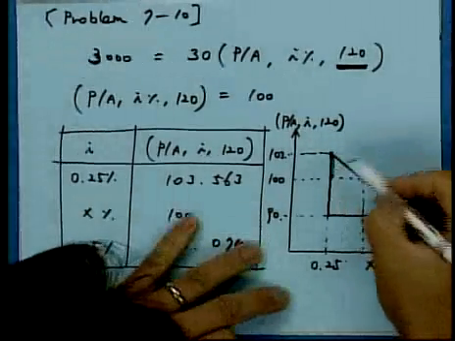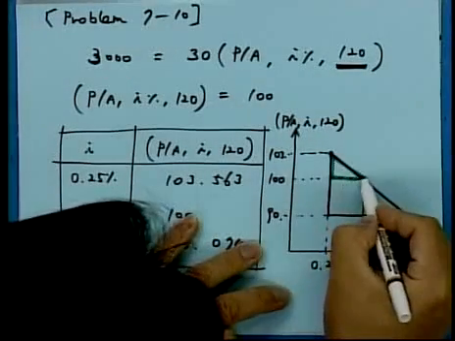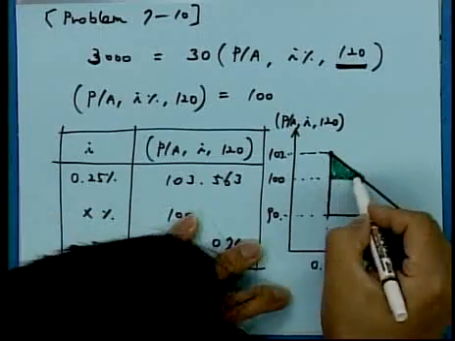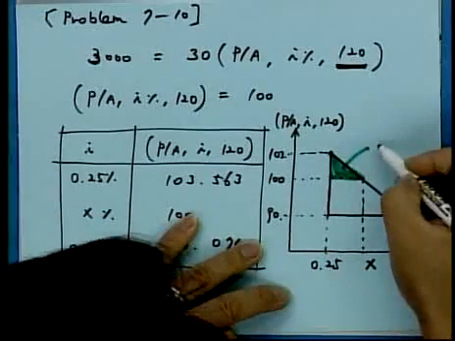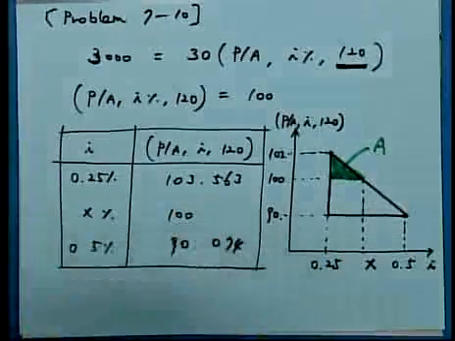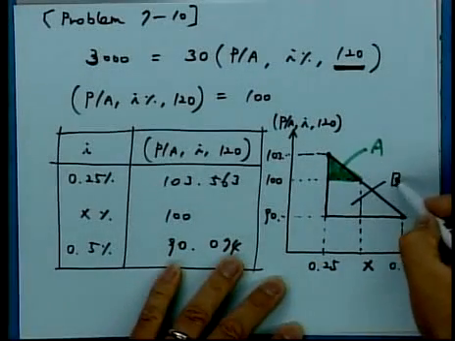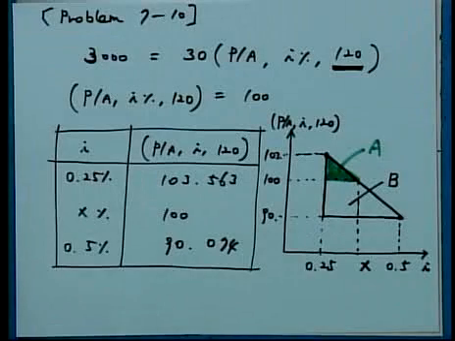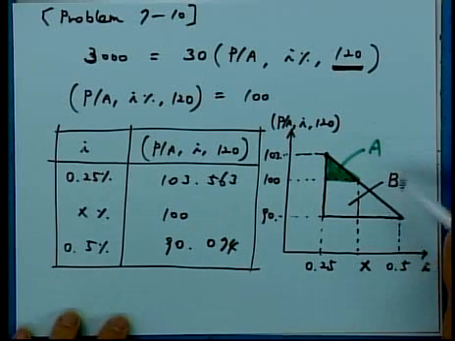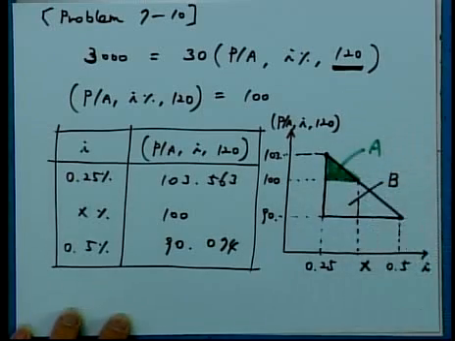Let's call this small triangle triangle A, and this big one triangle B. Now our interpolation relies on these two triangles, right?